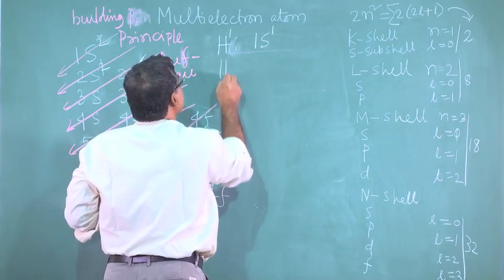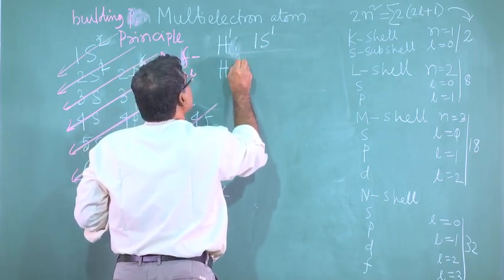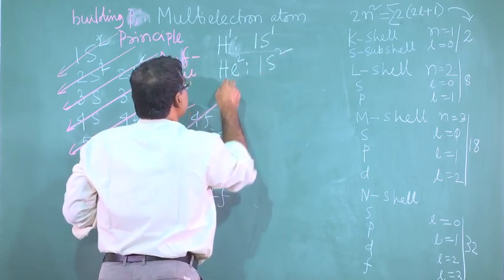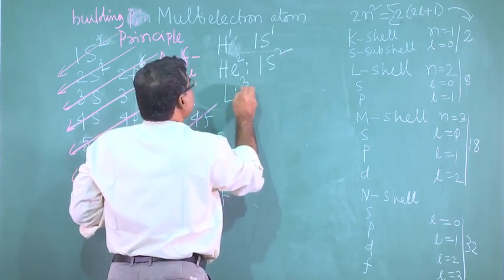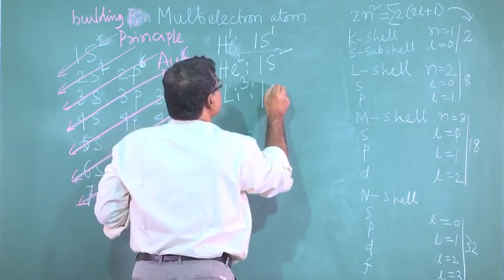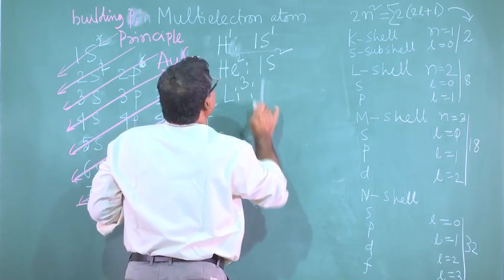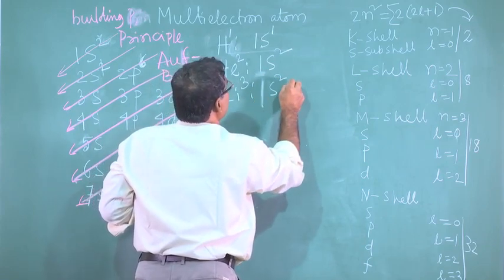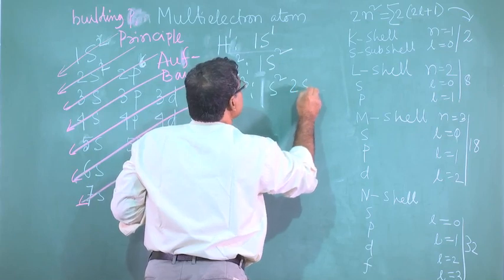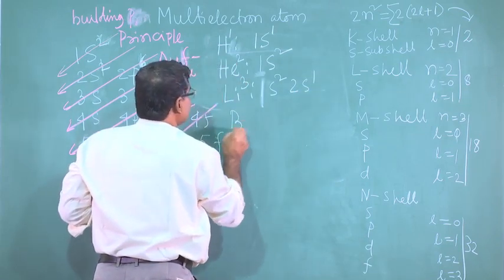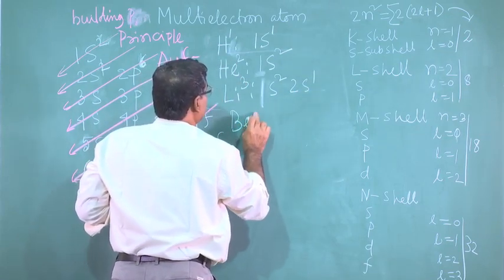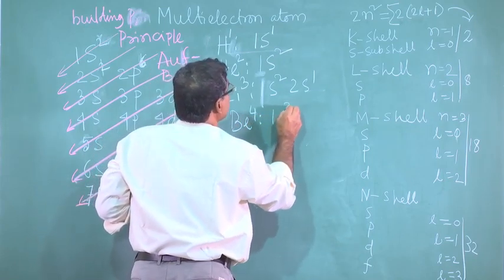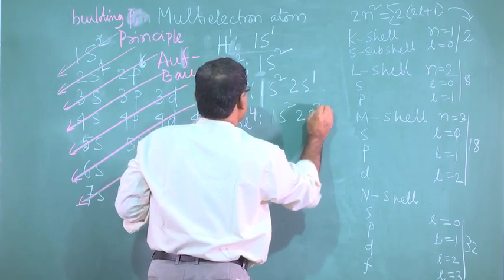Okay. Helium, 2 electrons, 1s2. For lithium, 3 electrons, it is 1s2 2s1. For beryllium, 4 electrons, okay, 1s2 2s2.